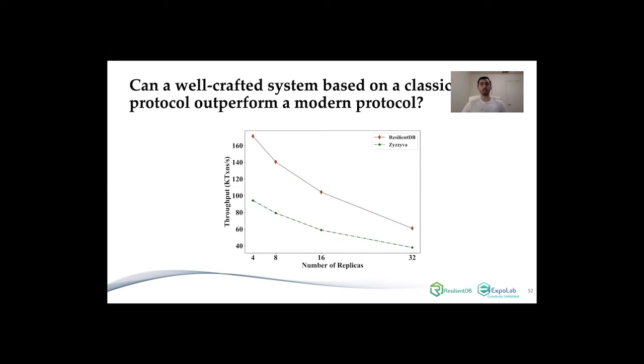As you can see, PBFT is outperforming Zyzzyva by a high margin, although it has three phases of quadratic communication. However, Zyzzyva has just one round of linear communication. It means that designing and implementing a permissioned blockchain system is important.